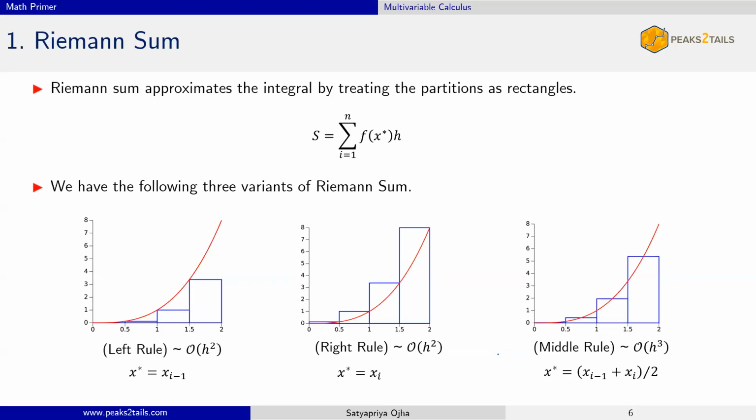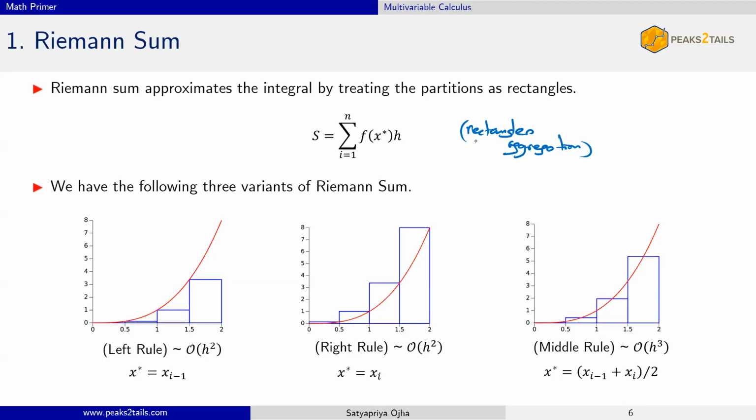The approximation formula under Riemann sum is basically the idea that each of these small regions that we looked at, we treat them as rectangles. So this is indirectly rectangle aggregation. Now, how do we add these rectangles?